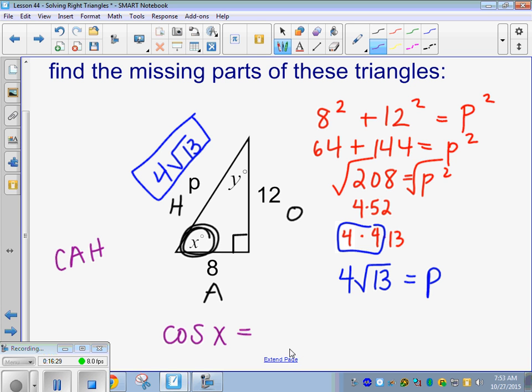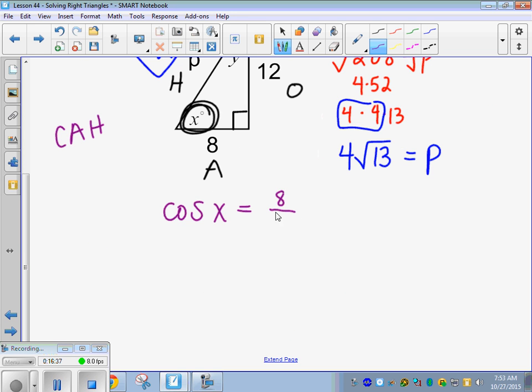Very good. Adjacent over hypotenuse. So Sydney, what do I use for adjacent? Good. And Sam, what do I use for hypotenuse? Good. You do not have to rationalize that because we're solving for the angle, so we're going to just get a nice decimal.